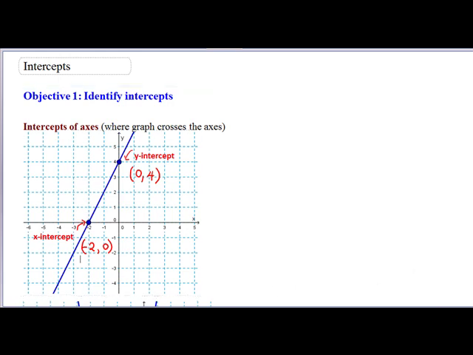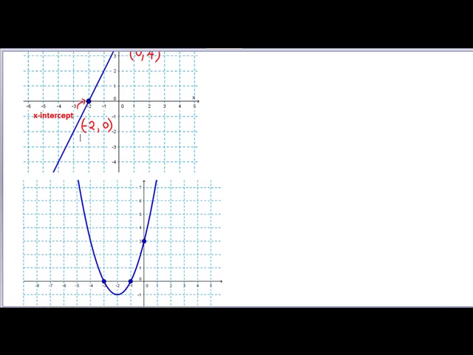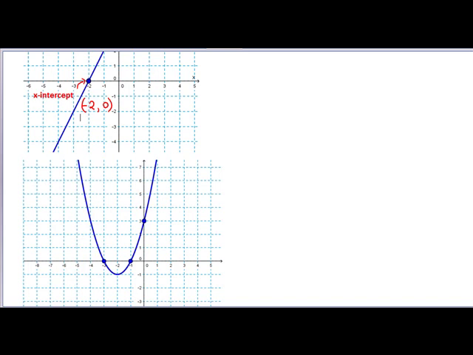Let's try one more. In this graph here, we have three intercepts. This one, and this one. You have two x-intercepts and one y-intercept. So this one is your y-intercept right here, and it's located at (0, 3), because the x value here is 0 and the y is 3.